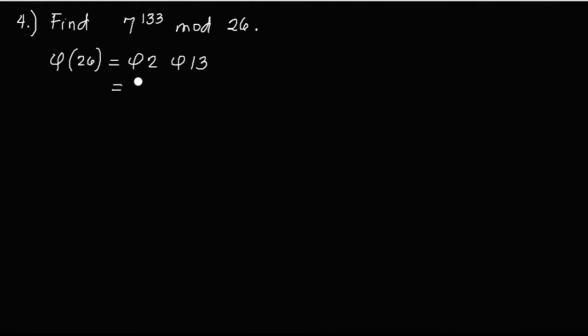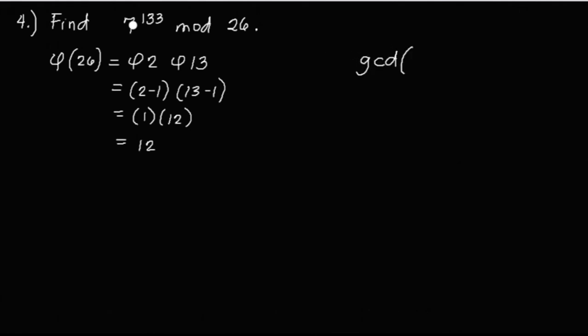And applying rule number 1, phi of 2 is 2 minus 1, and phi of 13 is 13 minus 1. 2 minus 1 is 1, 13 minus 1 is 12, 1 times 12 is equal to 12. And the GCD, no, GCD of our A, which is 7, and our N is 26, is equal to 1. So we can say that 7 raised to the phi of 26, which is 12, is congruent to 1 mod 26.